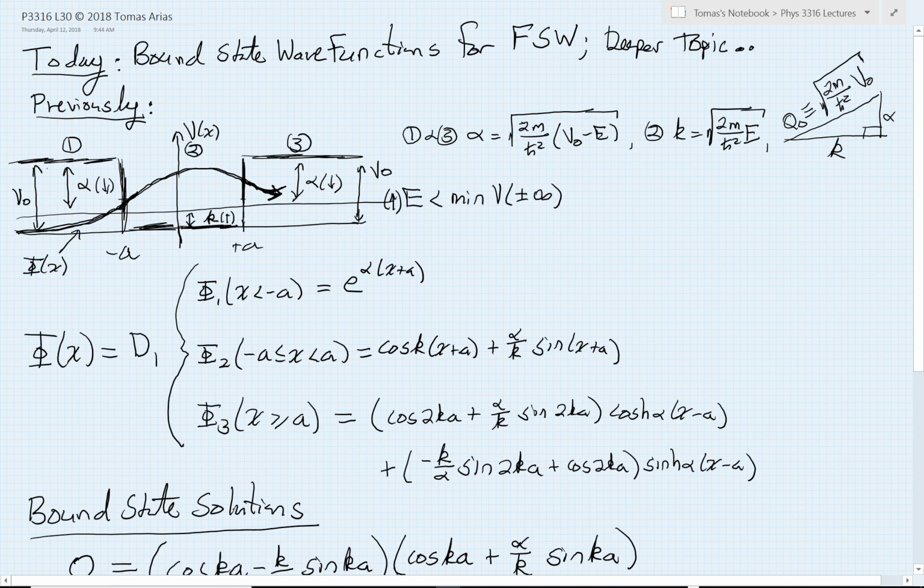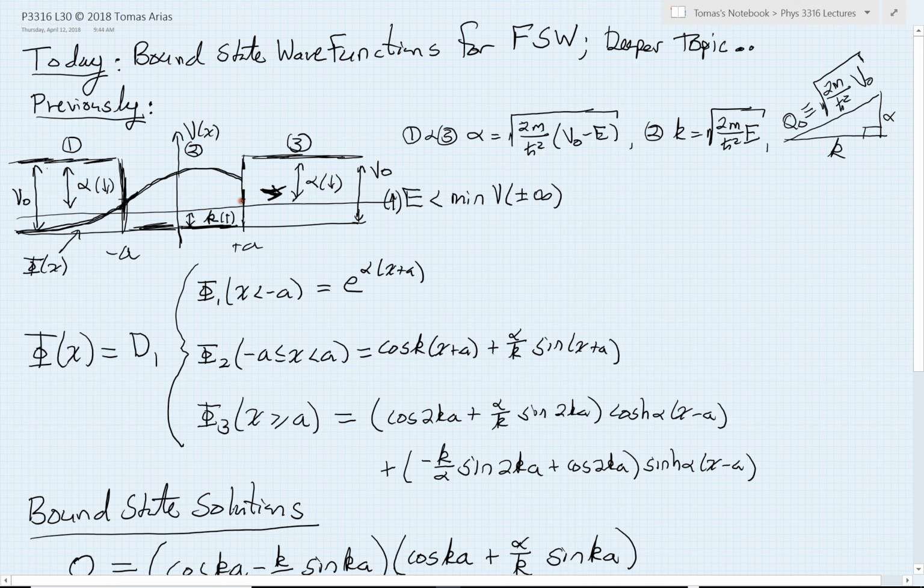The point that I'm trying to emphasize right now is that, up to this normalization constant, there's only one possible solution that satisfies this boundary condition at minus infinity. We then focused on the behavior of this also predetermined solution in region 3, which is in terms of hyperbolic cosines and sines with these prefactors determined by matching slope and value.